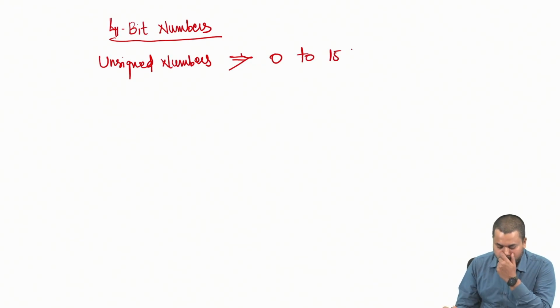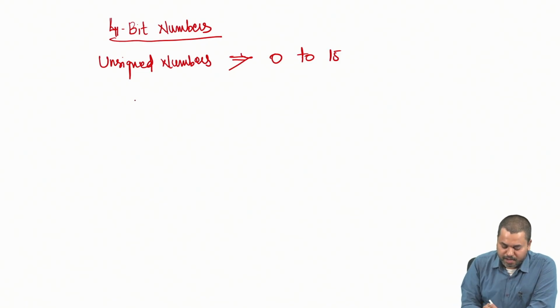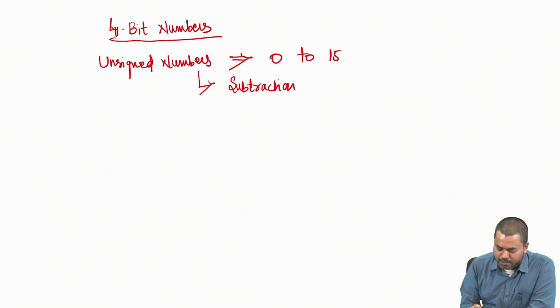Before proceeding with the algorithm, I'm trying to explain some basics here. Let us take any two unsigned 4-bit numbers and perform unsigned subtraction.